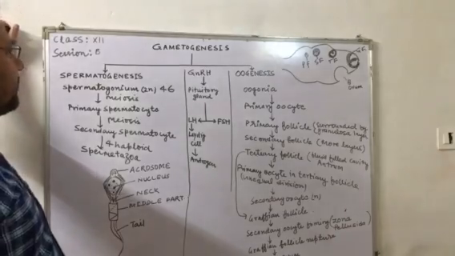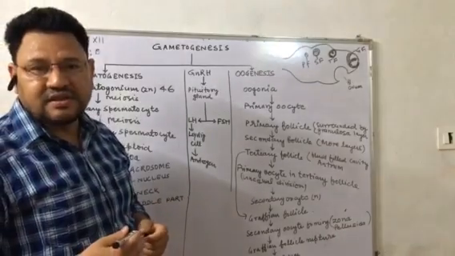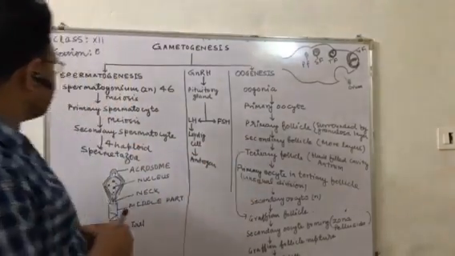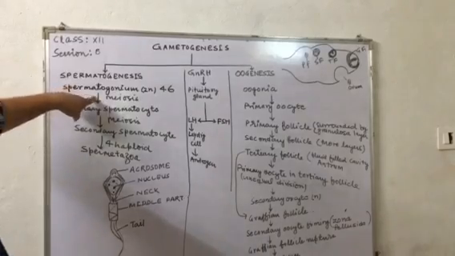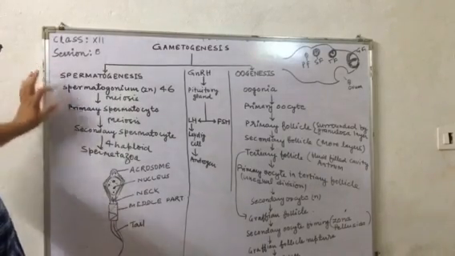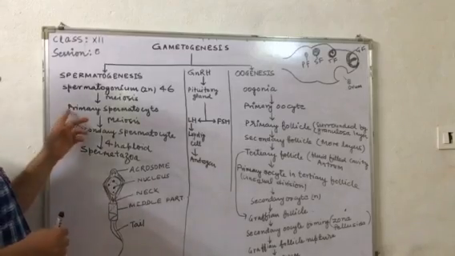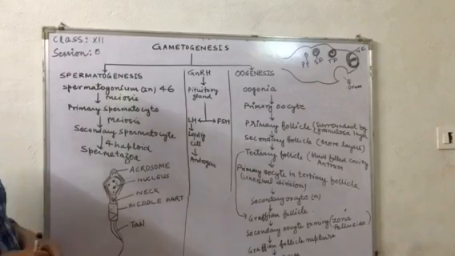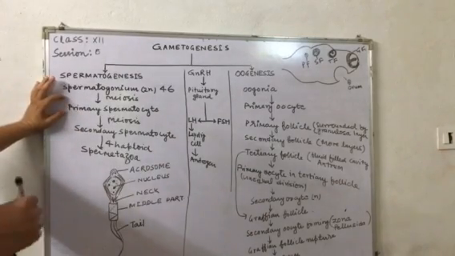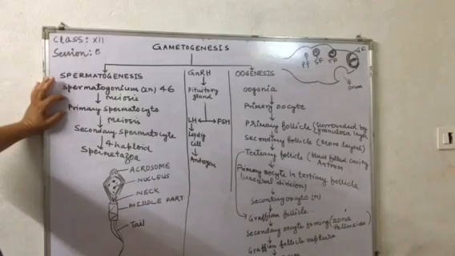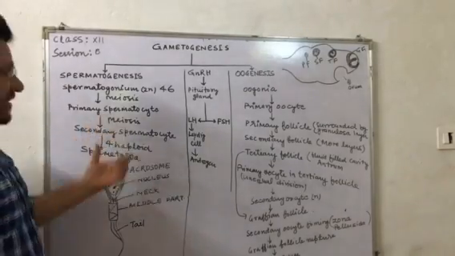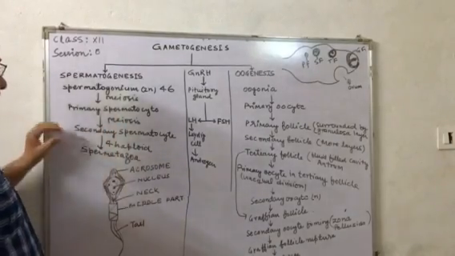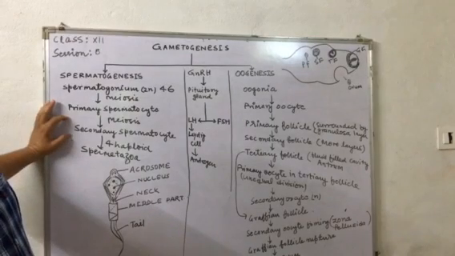And you know that this is the process of sexual reproduction. Therefore, meiosis takes place, and by this meiosis, this spermatogonium is getting converted into primary spermatocytes. These primary spermatocyte cells further undergo division by meiosis and then form secondary spermatocytes.